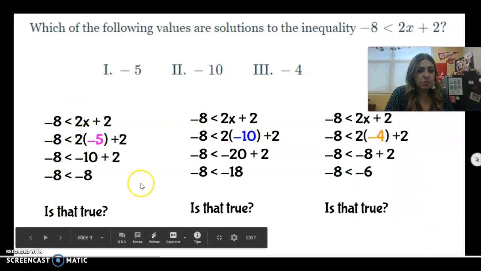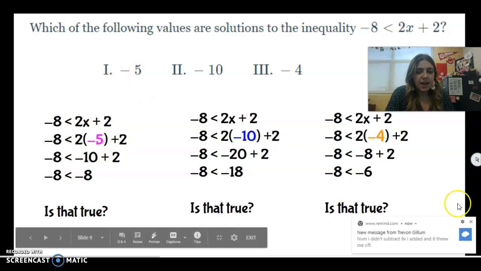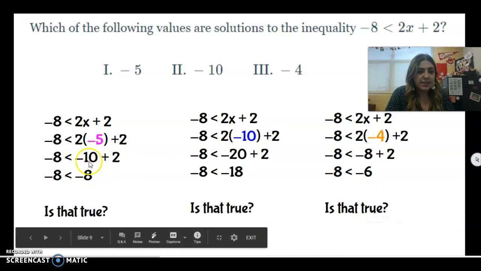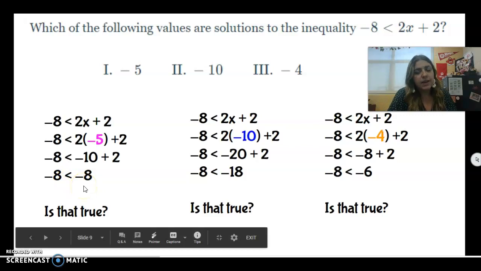So here we have these problems worked out. I took -5, I substituted it in for x, so I had -8 is less than -10 plus 2, which leaves me with -8 is less than -8. And I have to ask myself, is that true?